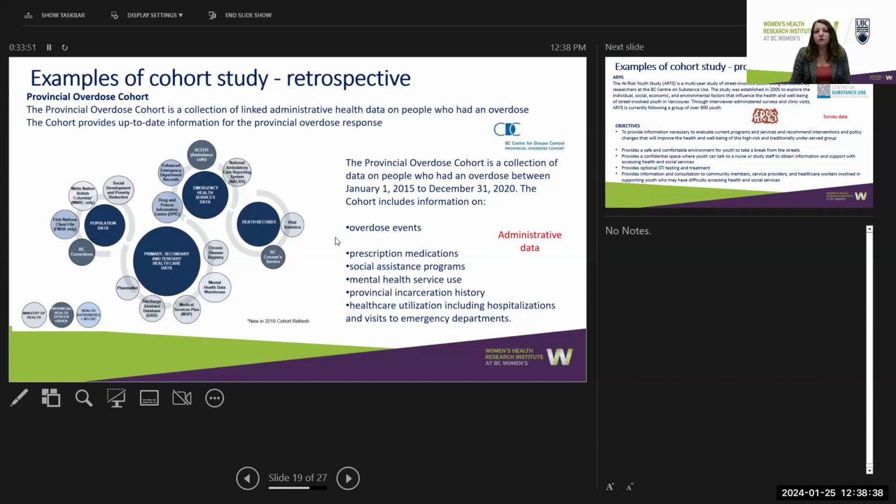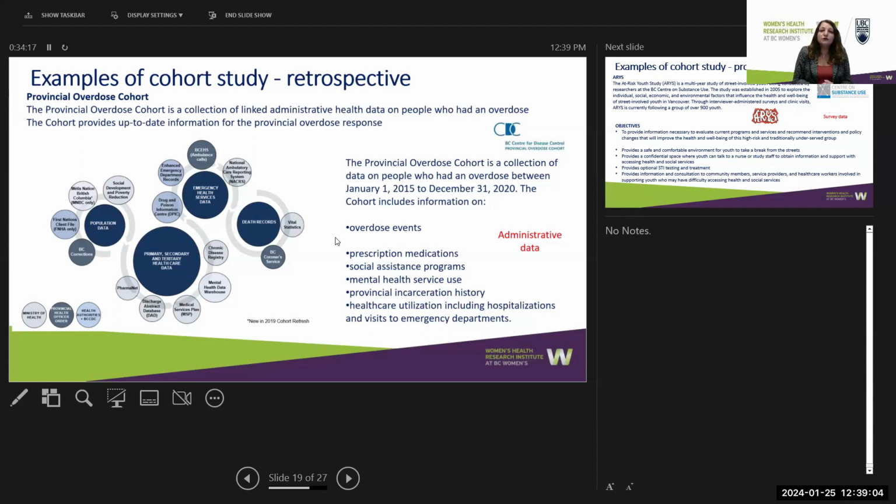So this cohort was developed a couple of years later to identify risk of overdose deaths in BC and see how the policies can be changed. Based on definition, this cohort included only linked administrative health data on people who had an overdose, and it provided up-to-date information for the provincial overdose response.